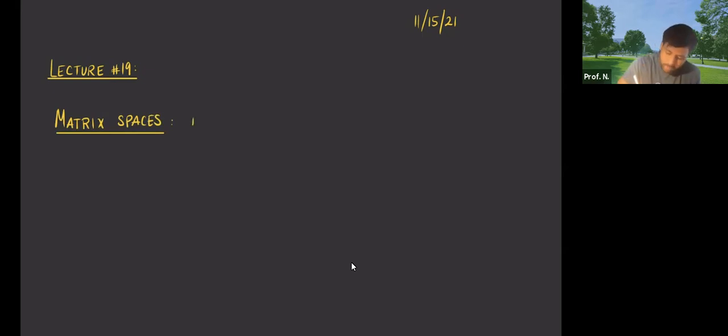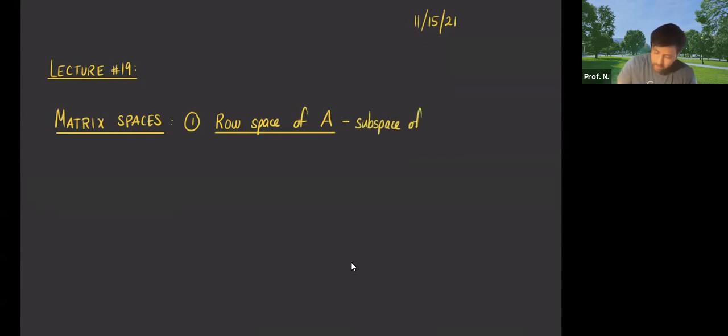So the first one is the row space of A. The row space of A is a subspace of Rm spanned by the row vectors of A.